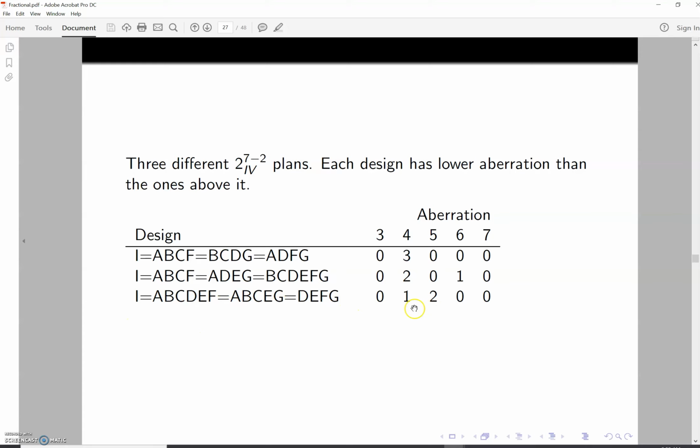Our aberration is lower order in terms of it is 1 and 2 for level 4. And notice everything has a beginning for aberrating level 4, hence the name, or the subscript here of 4.